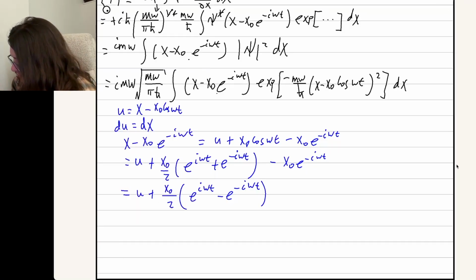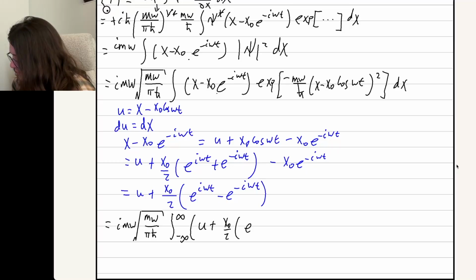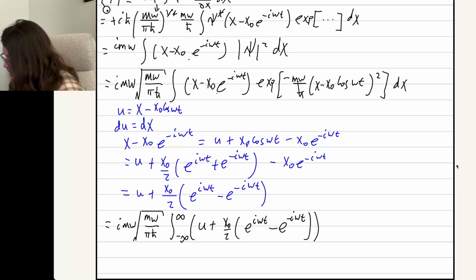Just using that, we now have i m omega times the square root of m omega over pi h bar, times the integral from minus infinity to infinity of u plus x naught over 2 times e to the i omega t minus e to the minus i omega t, times e to the minus m omega over h bar times u squared, du.